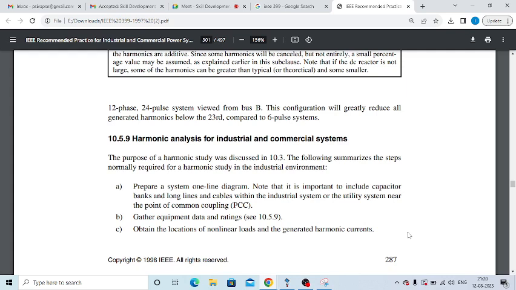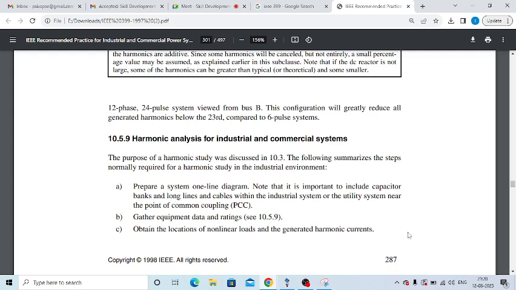As we all know, our power system frequency is 50 hertz or 60 hertz based on the country. So for example, if it is 50 hertz frequency, then the power system parameters such as voltage and current frequency are also 50 hertz.